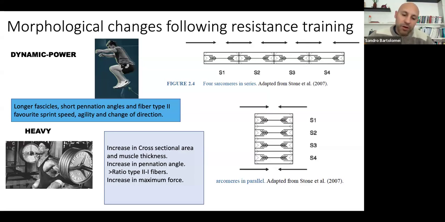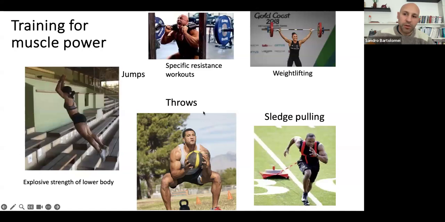And typically, by introducing only heavy resistance exercises, the increase in the length of the fascicle is minimal. Okay, so in order to obtain this adaptation, science suggests combining resistance exercise with power training in order to obtain that kind of morphological adaptation.